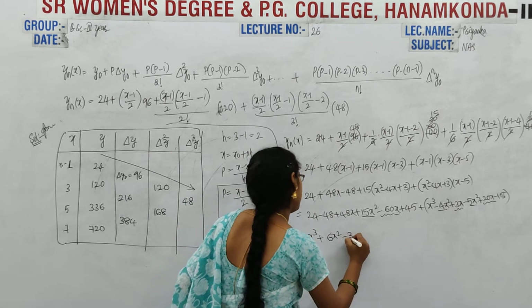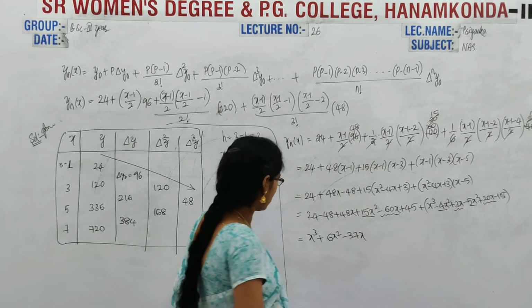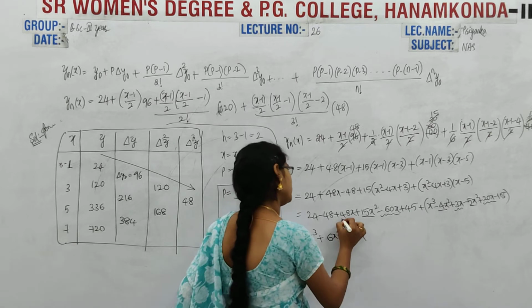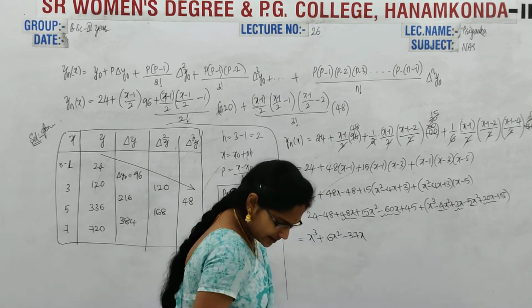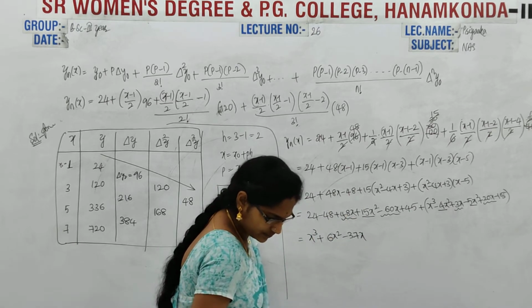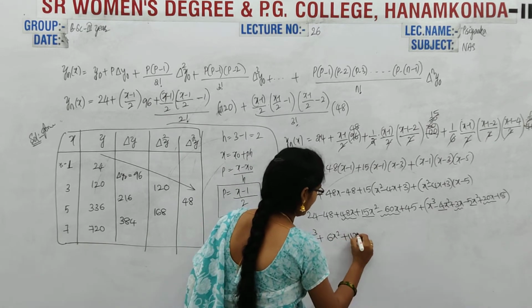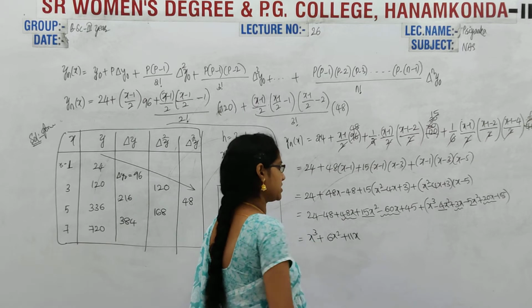minus 37x. Next, oh sorry, here we have that 48x also, right? Now plus 48, it is 11x only, positive, 48x minus 37x.